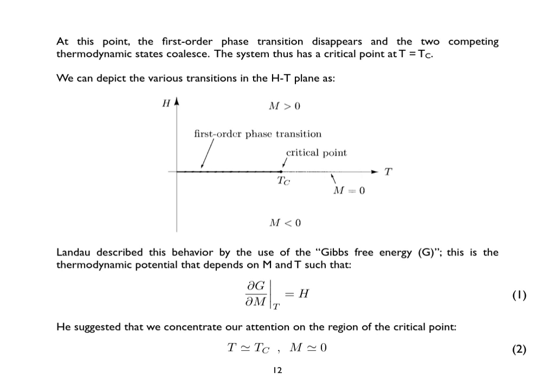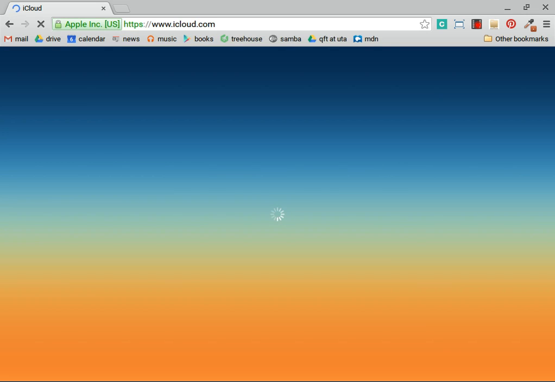But here it says the magnetization, which is the first derivative of the free energy, increases continuously from 0 as the temperature is lowered below the critical temperature.